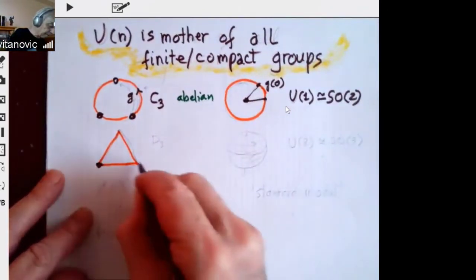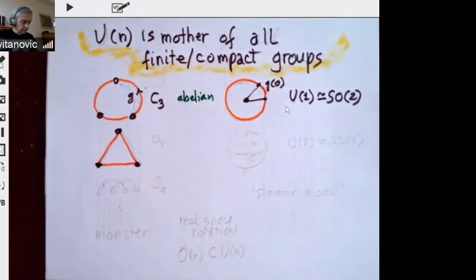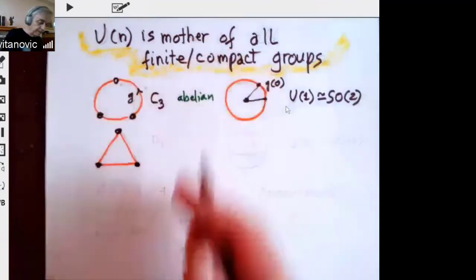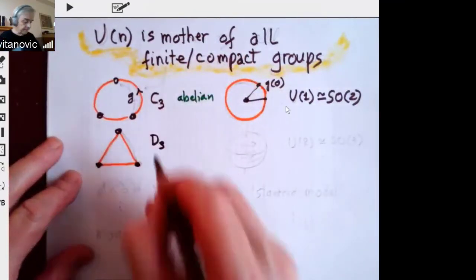It was different labels, any way you want to think about it. And you allow them not only to rotate, but to flip. And that turned out to be non-commuting, so non-abelian operations. That's called the dihedral group 3.